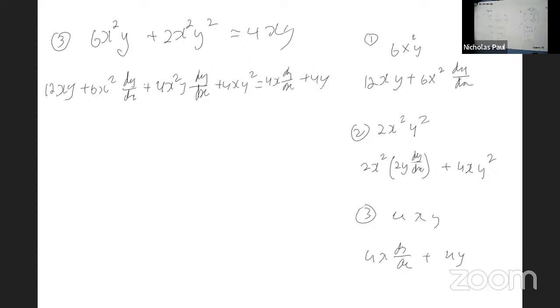Of course, we do the usual thing, bring dy/dx to the left, everything else on the right. 6x squared dy/dx plus 4x squared y dy/dx minus 4x dy/dx is equal to 4y minus 12xy minus 4xy squared.